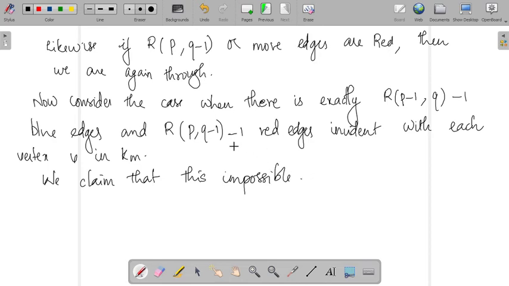What we proved first is that when R of P minus 1 Q or more blue edges, or R of P Q minus 1 or more red edges, R of PQ will be less than or equal to m. Now we are considering the case when the number of blue edges is exactly this and the red edges is exactly this one. So we claim that this is impossible.